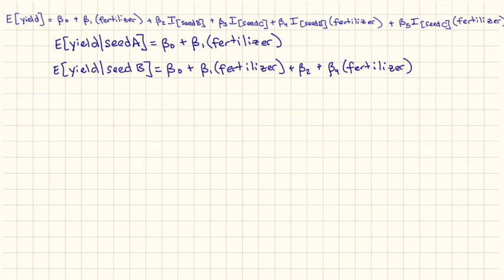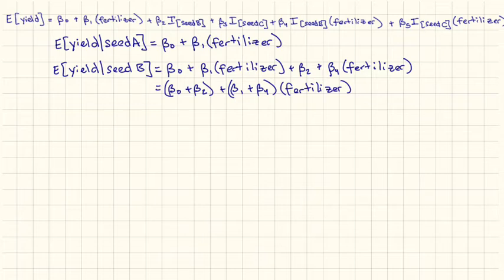For seed B, right, you can get rid of everything that has seed C, but the other things stay. If I regroup, I can see that I have an intercept, which is beta naught plus beta 2, which is the intercept for seed B, and then beta 1 plus beta 4 is the slope for seed B. So it gets its own slope.